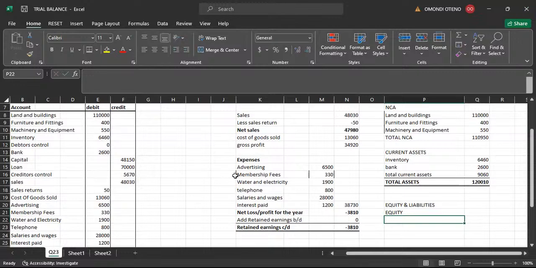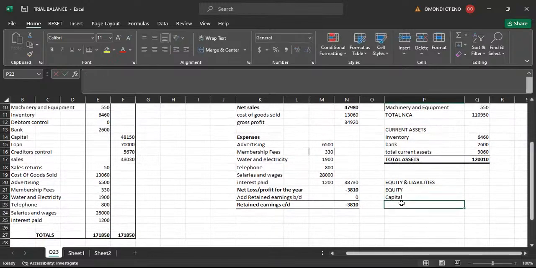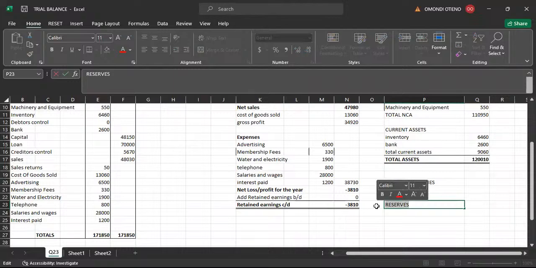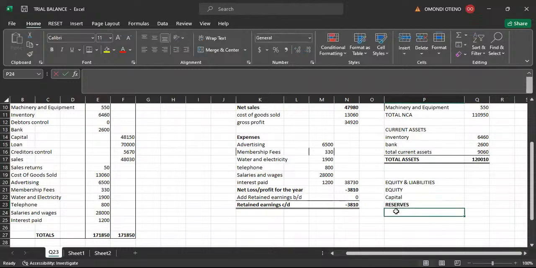And our first item for equity, we have capital. Then we bring in reserves, and reserves here, that's where we have revaluation reserve, general reserve.